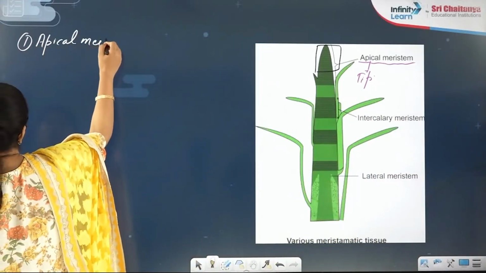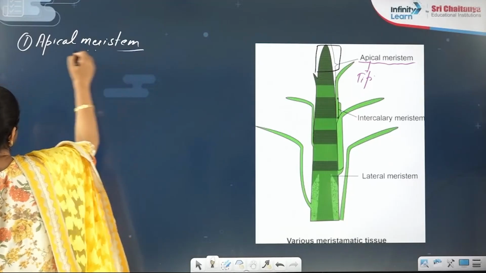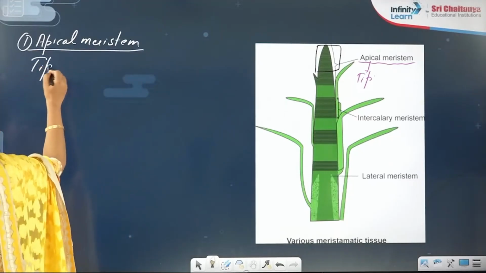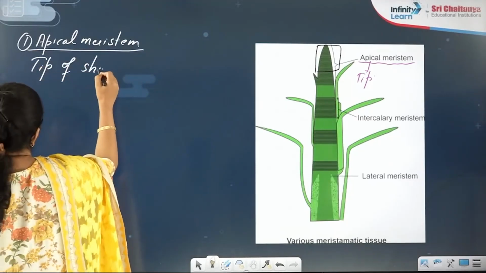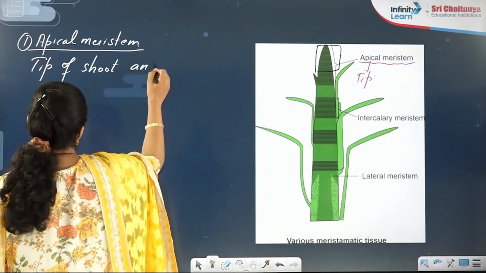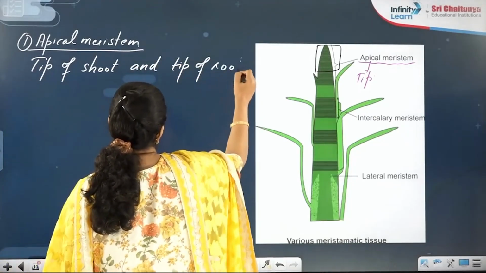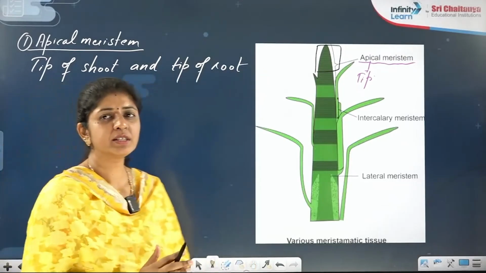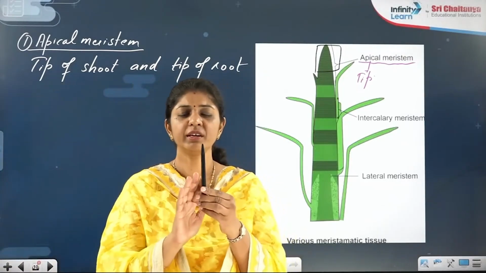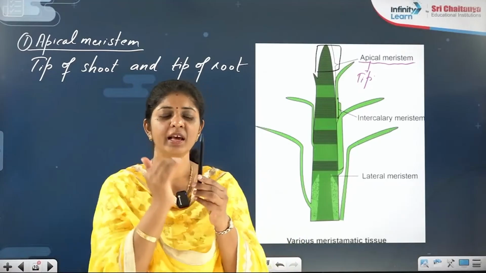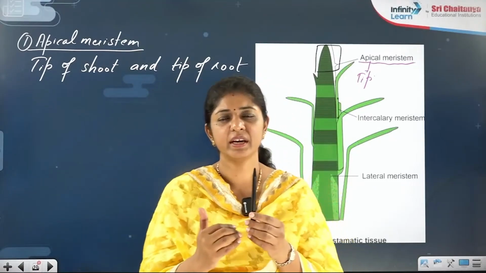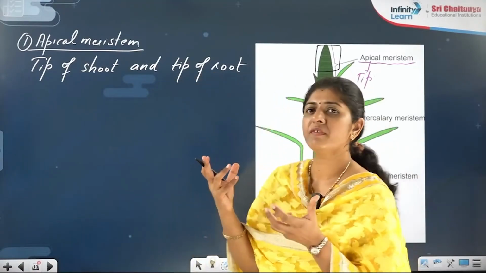Now the apical meristem is present at the tip of the shoot as well as at the tip of the root. It is present in both. Reason why? Because the plant has to increase in length upward as well as downward.